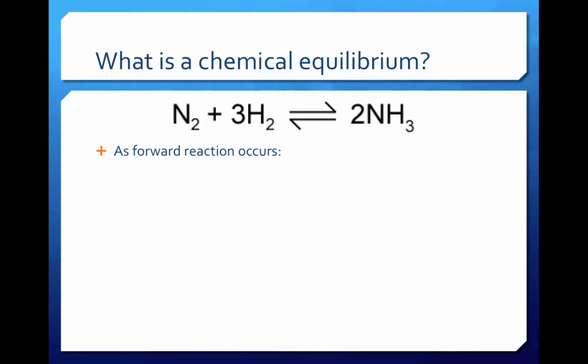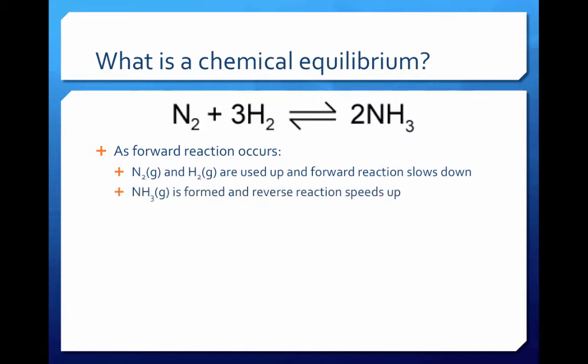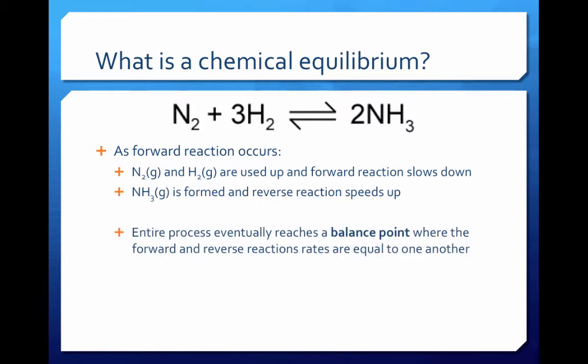We've got our nitrogen reacting with our hydrogen, and as the forward reaction occurs, nitrogen and hydrogen gas are used up, and because there's less of it around, the forward reaction begins to slow down, and it happens less and less and less. As the ammonia is formed, the reverse reaction starts to speed up. There are more ammonia molecules around, and there are more likely opportunities for those ammonia molecules to break down.